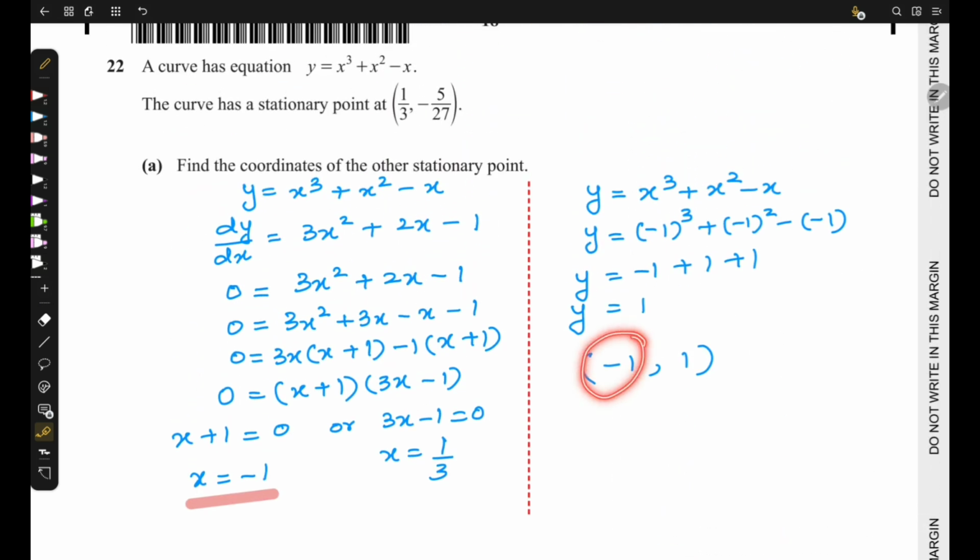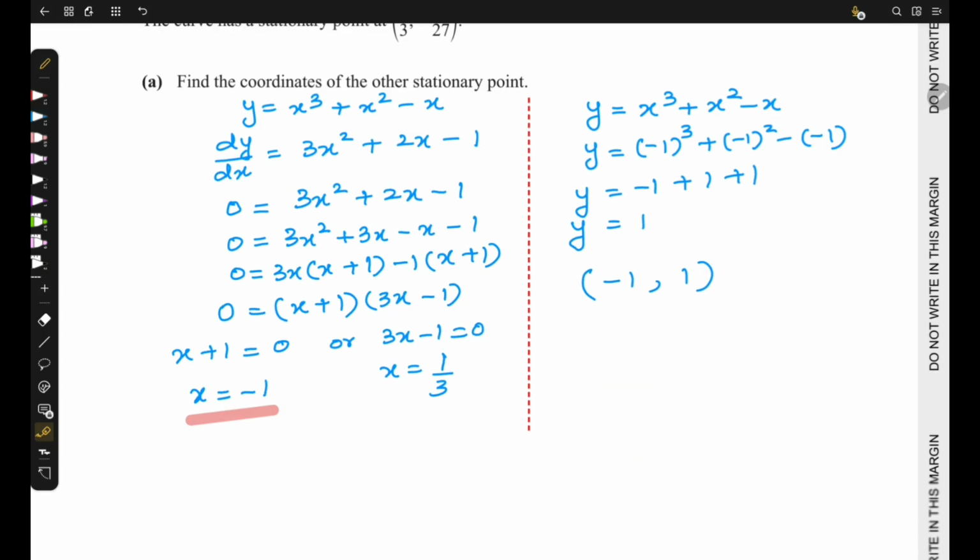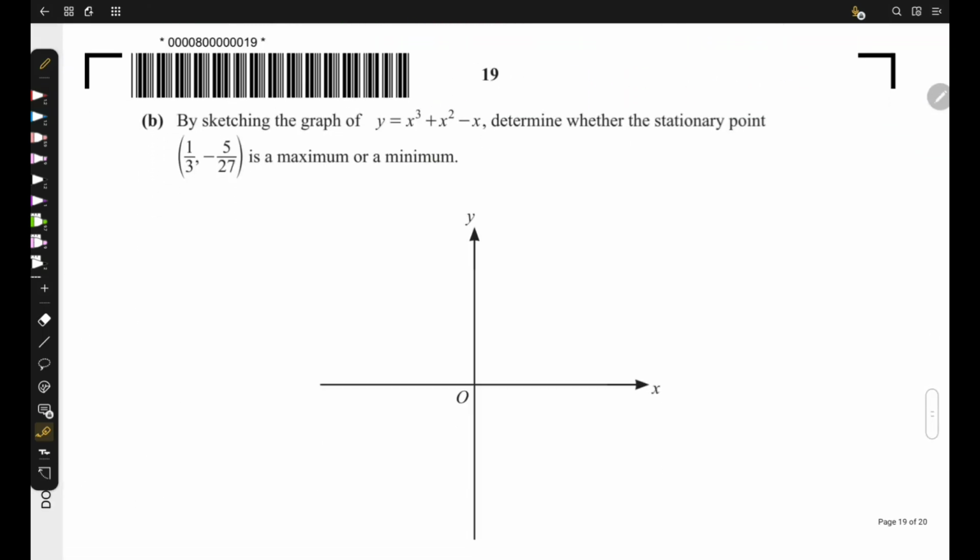These two are stationary points, right? The x coordinate of this stationary point is minus 1 and the x coordinate of this stationary point is 1 over 3. And we should know what the shape of this equation will be. As the coefficient of x cubed is positive 1, the graph will go like this. And it will pass through the origin because there is no constant term in this equation.